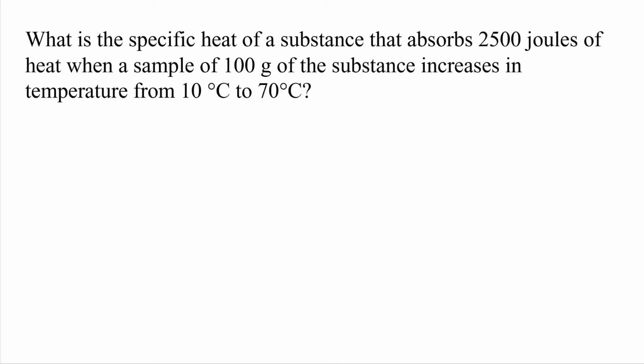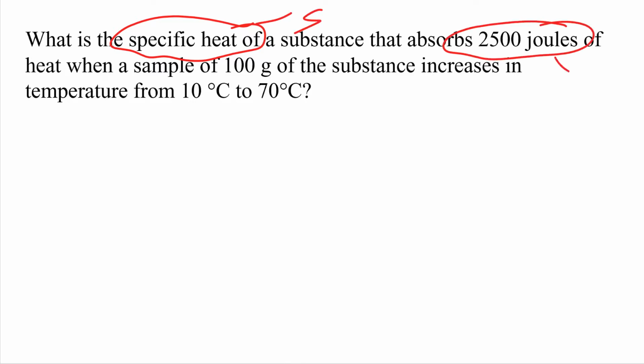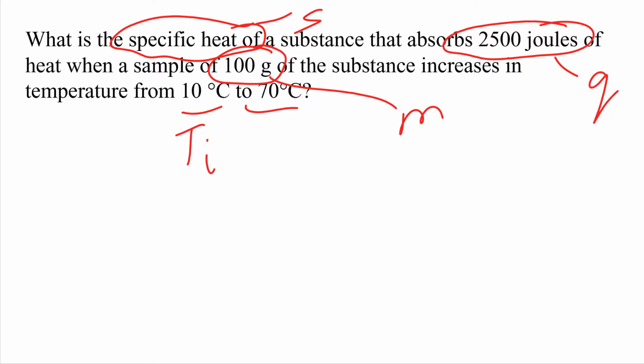Next to the "what is," you see the thing that you're solving for, right? Specific heat, which is the S. You have joules, which is the energy, so that's the heat energy, Q. You have grams, which is the mass. And you have from 10 degrees to 70 degrees. "From" is the initial temperature, and "to" means the final temperature.